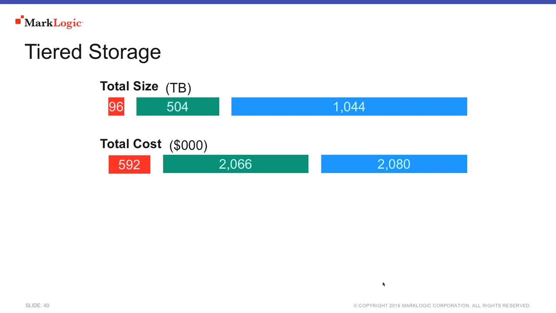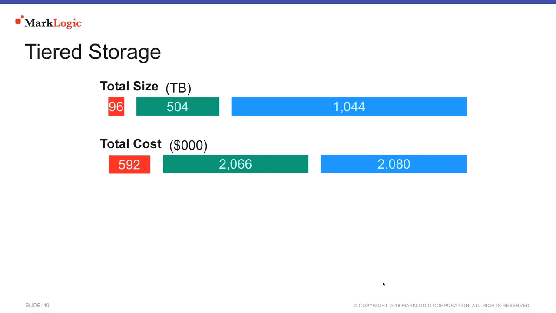So if you look at what MarkLogic's tiered storage can do, we can allot the appropriate infrastructure for that hot data, the stuff that's being updated that needs that low latency, to the most expensive infrastructure. We can have separate infrastructure, so we could have SSDs, for example, as the medium for that active data.